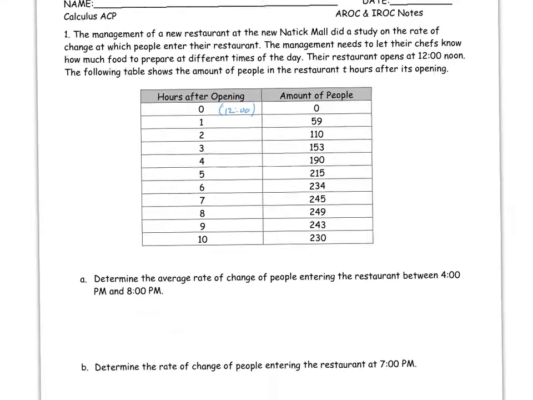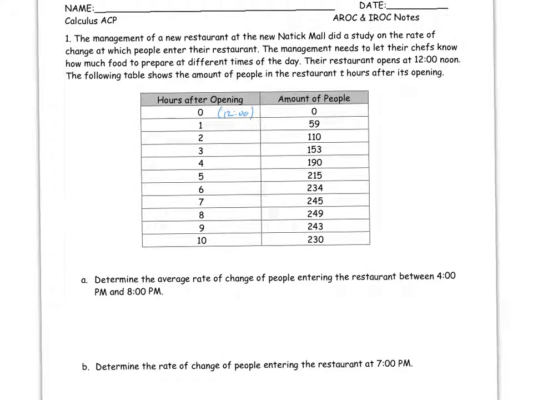So the first question says, determine the average rate of change of people entering the restaurant between 4 and 8. And anytime you get a question about an average rate of change, you're always just finding a simple slope. So at 4, it looks like there were 190 people, and at 8, there were 249.